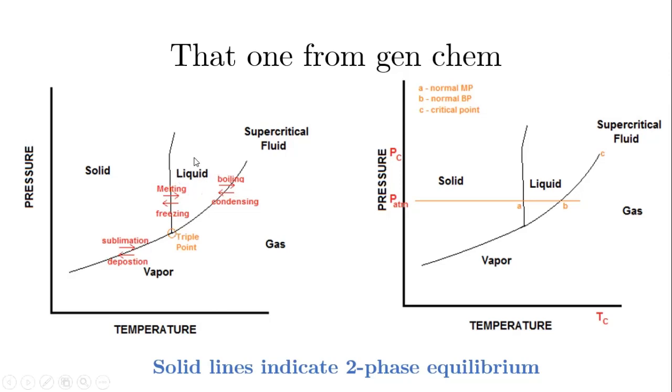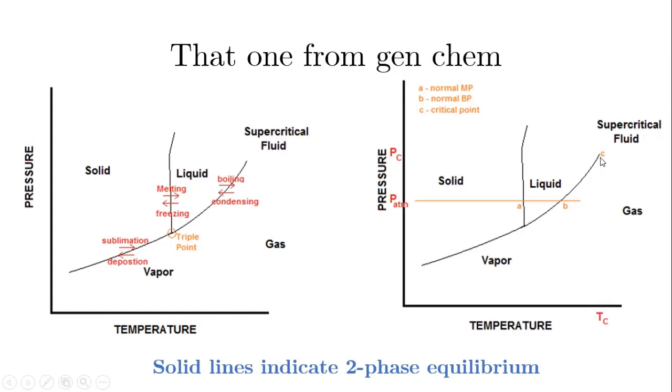A liquid and a gas have blurred lines, where there's a point at which a liquid can no longer exist and a gas can no longer exist, and beyond which we call that the supercritical area. That corresponds to that little point here, which I have denoted as C, the critical point.